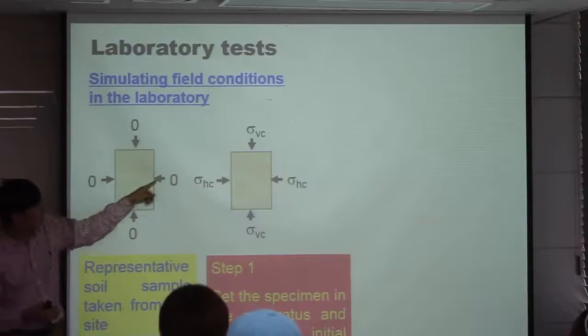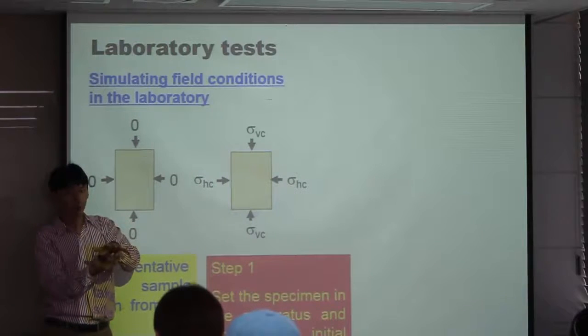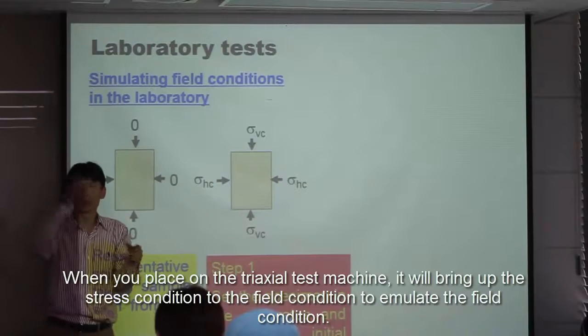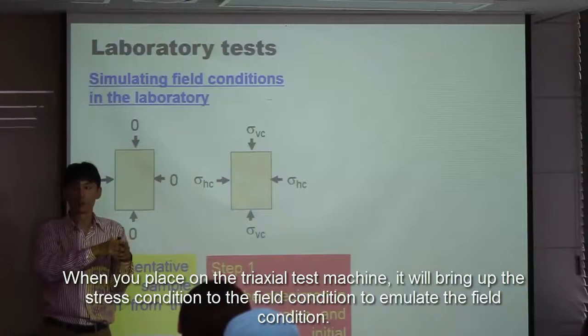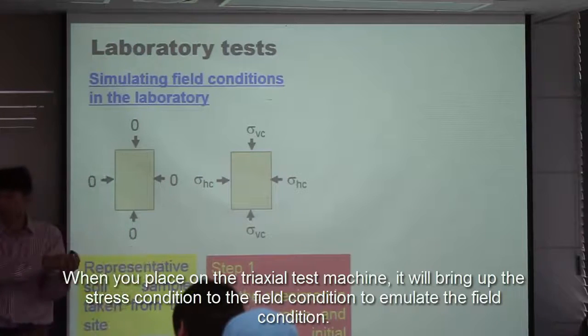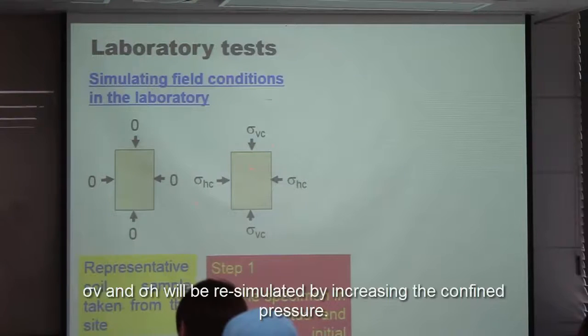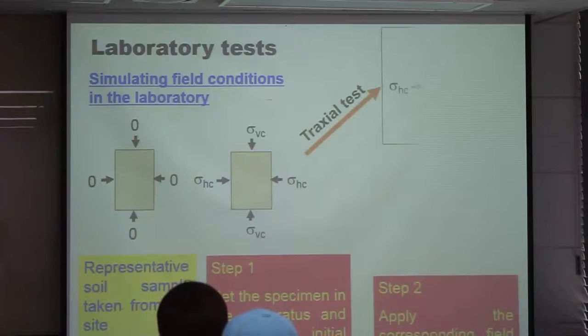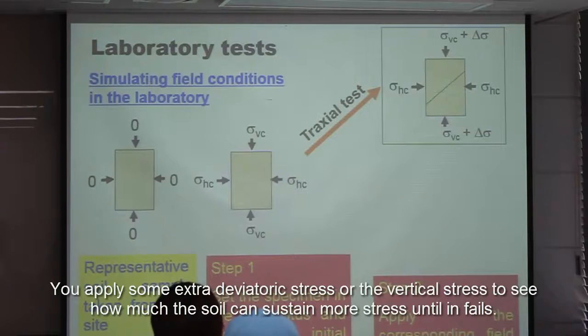Then you place it on the triaxial test machine and bring up the stress condition to the field condition to emulate it. So sigma v and sigma h will be re-simulated by increasing the confining pressure, and then you apply some extra deviatoric stress, or vertical stress, to see how much more stress the soil can sustain until it fails.